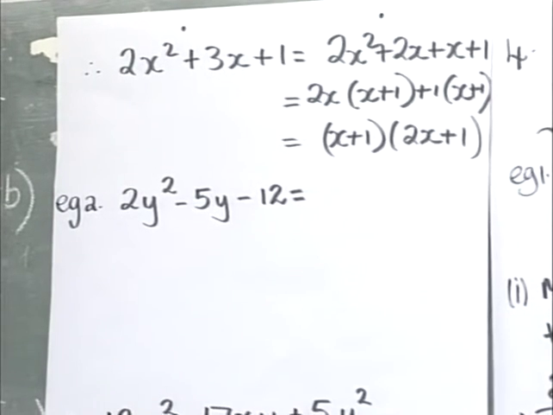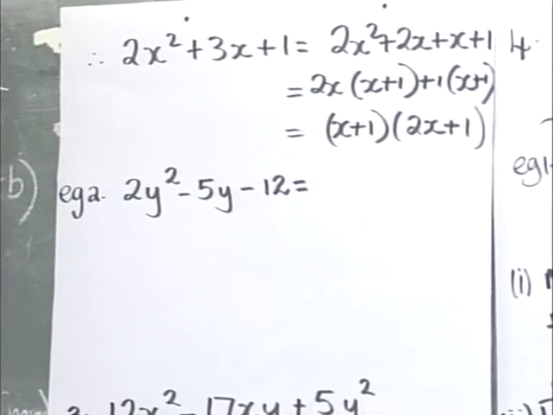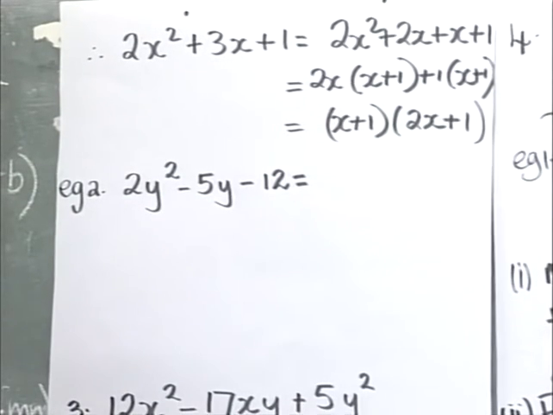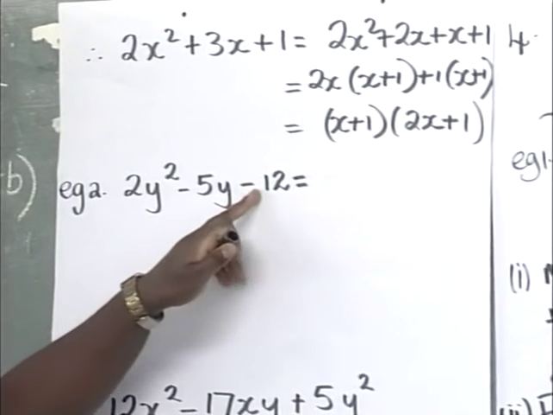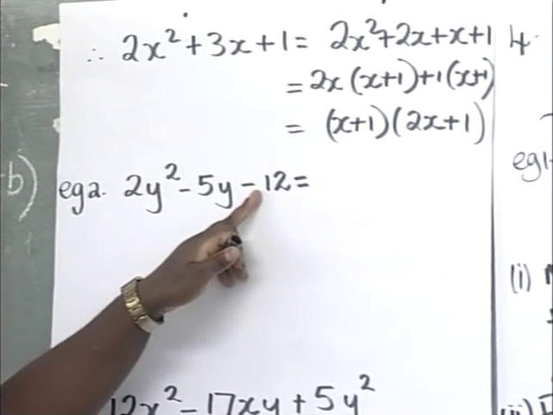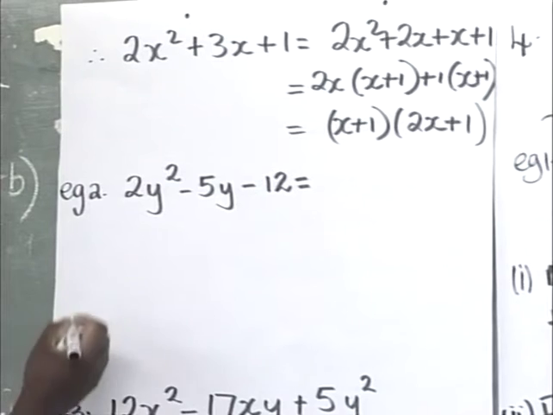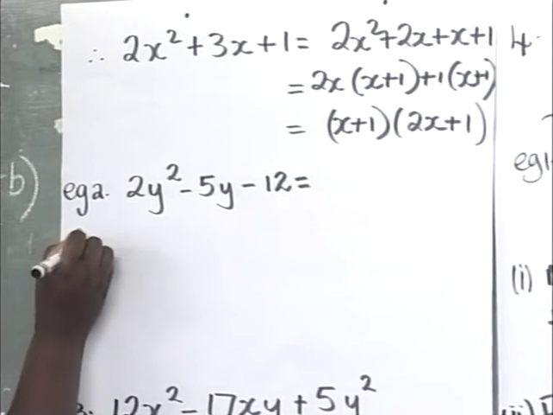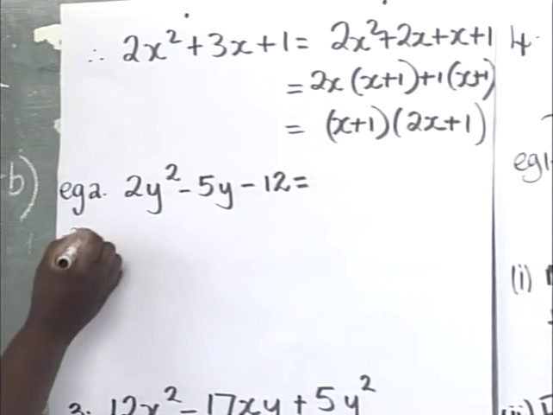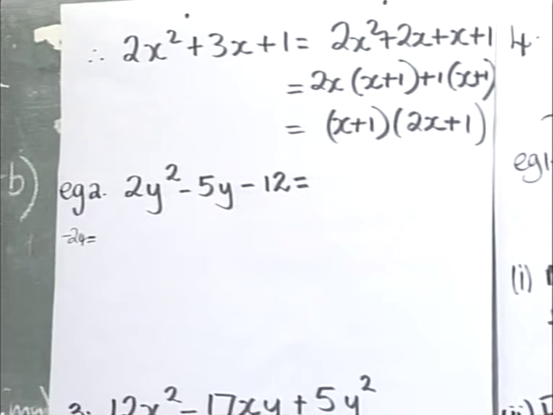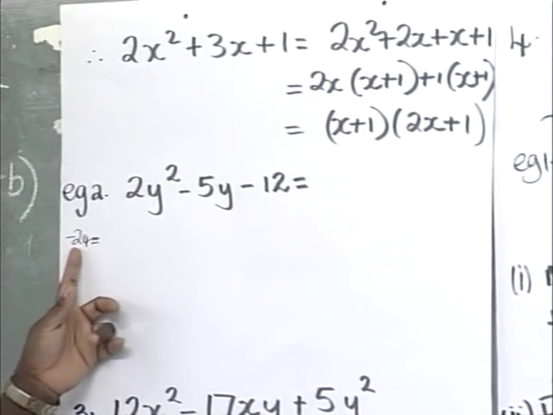Okay, let's see if we do example 2 together without having to write all of that. The first thing, we multiply 2 and negative 12. I get negative 24. You don't necessarily need to write it down, but it's good to write it down so you know. Okay, I'm now to find 2 factors of this negative 24.